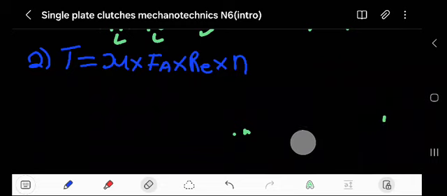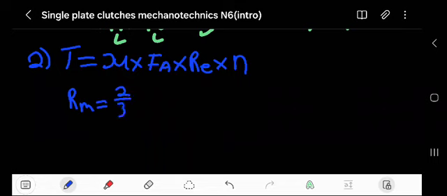So let us calculate it. R_M is 2 over 3, R cubed minus r cubed over R squared minus r squared.